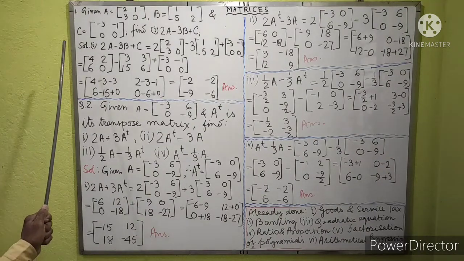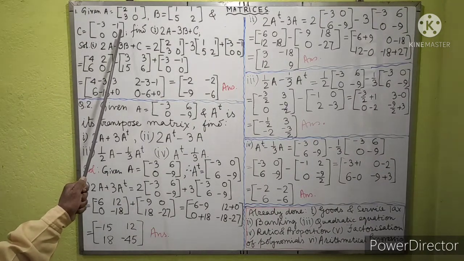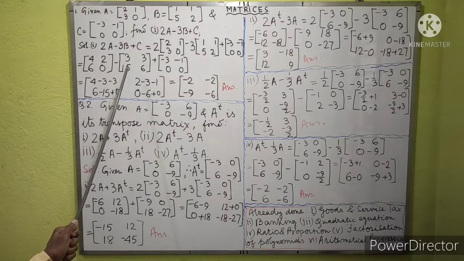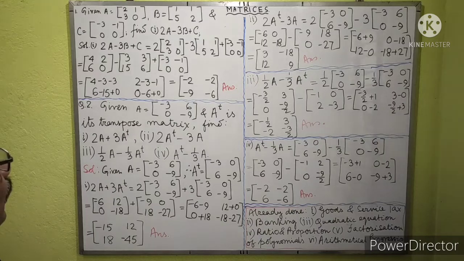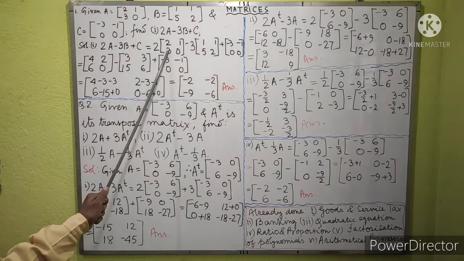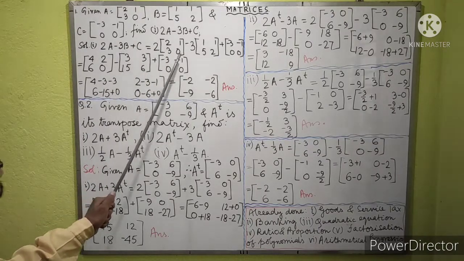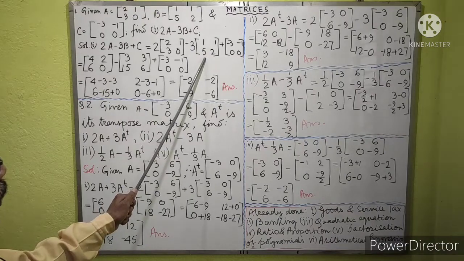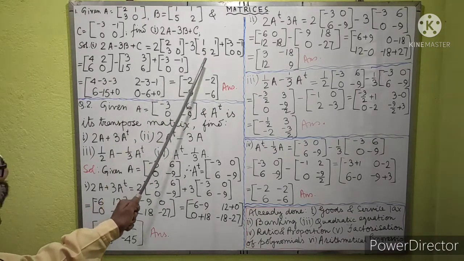At first we will say the rows, then the columns. We have to find 2A minus 3B plus C. 2A means 2 into A, minus 3B means minus 3 into B, and C is this.